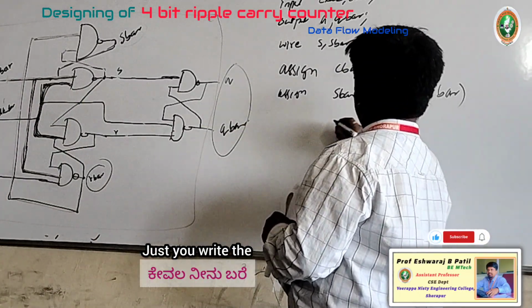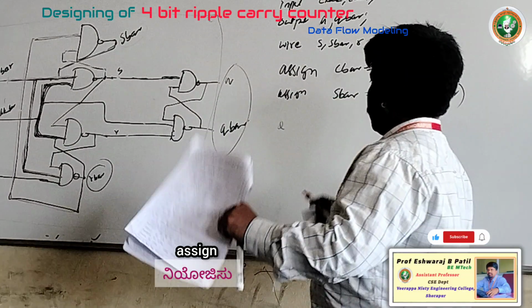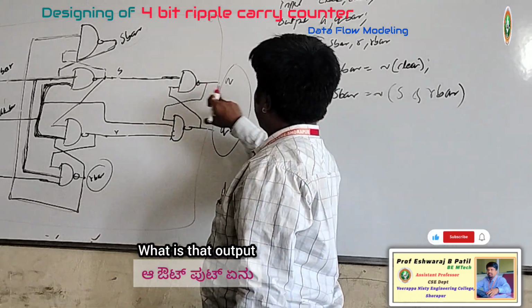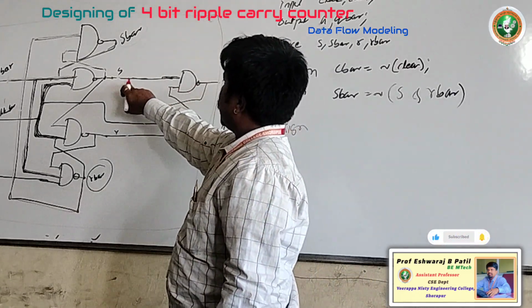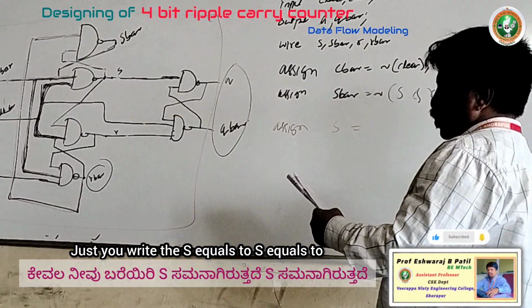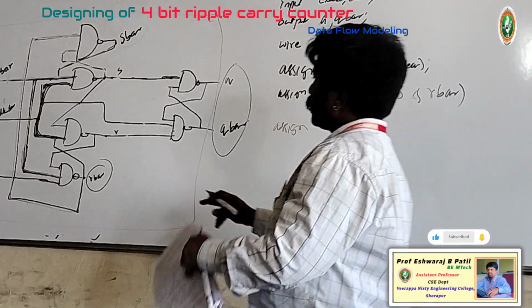Just write the assign. What is the output for this one? Write S equals to S bar.